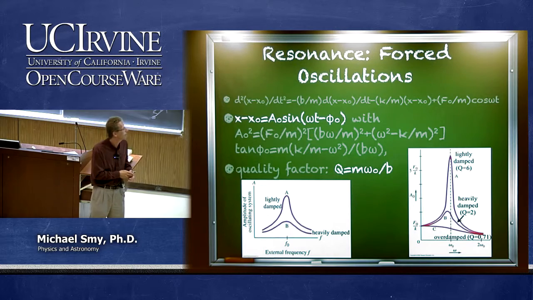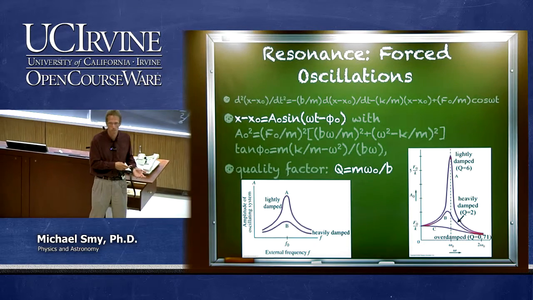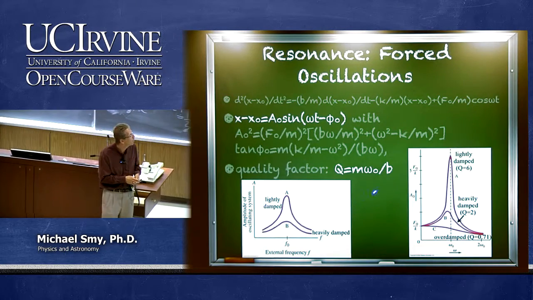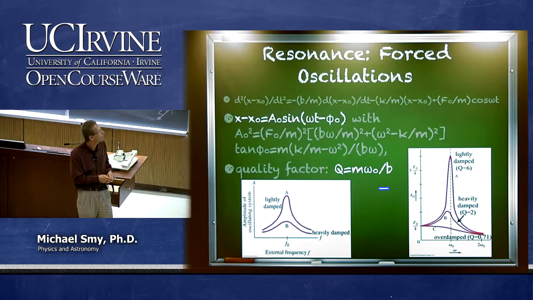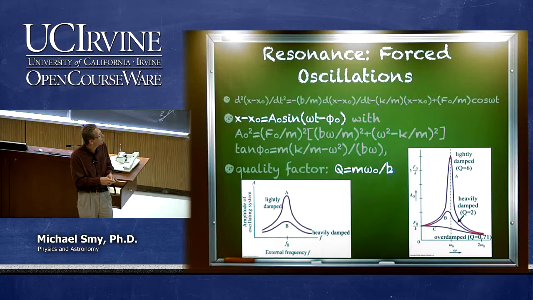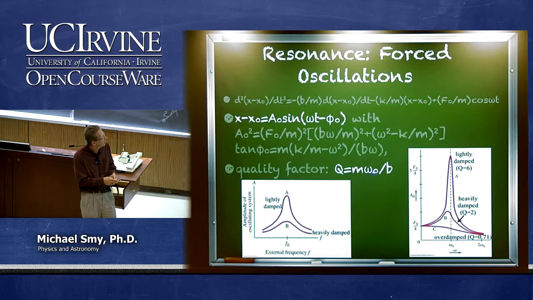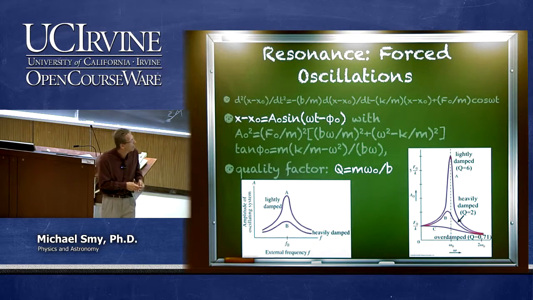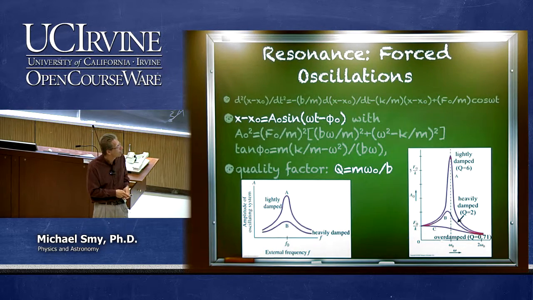And one can actually assign a quality factor to the system, which has no units, and is given by the damping and the natural frequency, and in this case the mass. And then one can completely characterize these resonance curves and associate them with different quality factors.